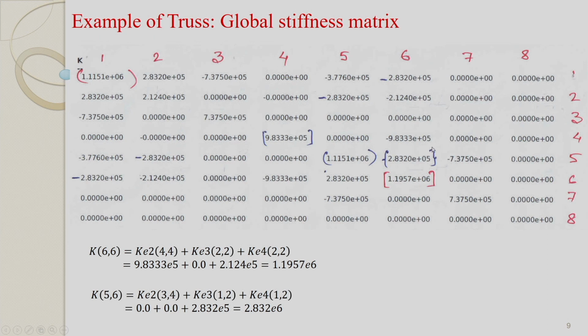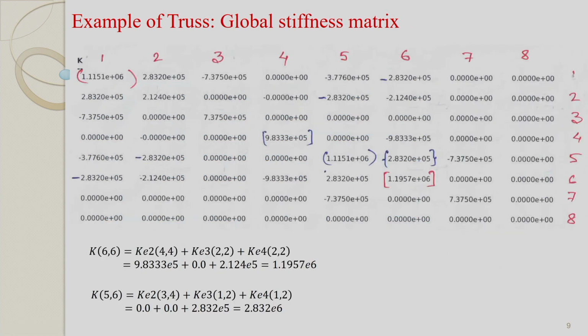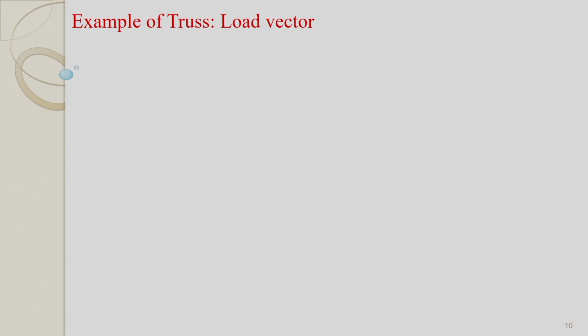Also I am writing it with the same bracket for your understanding. Similarly, all other entries which are denoted by distinct brackets are coming from the same position, which are denoted by the same type of bracket. Now, we will see how to develop the load vector for this problem.